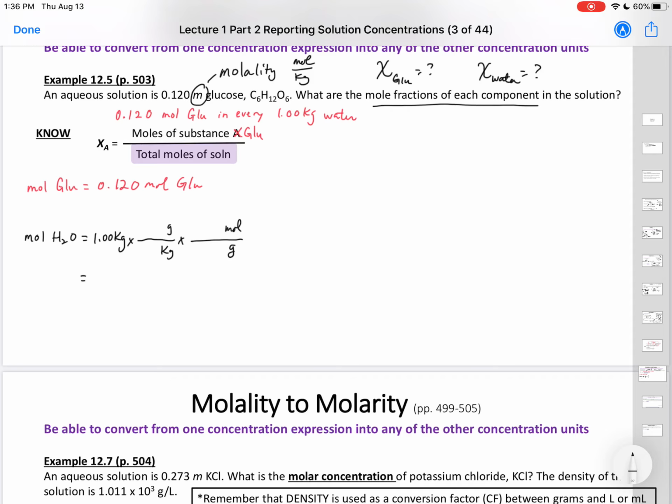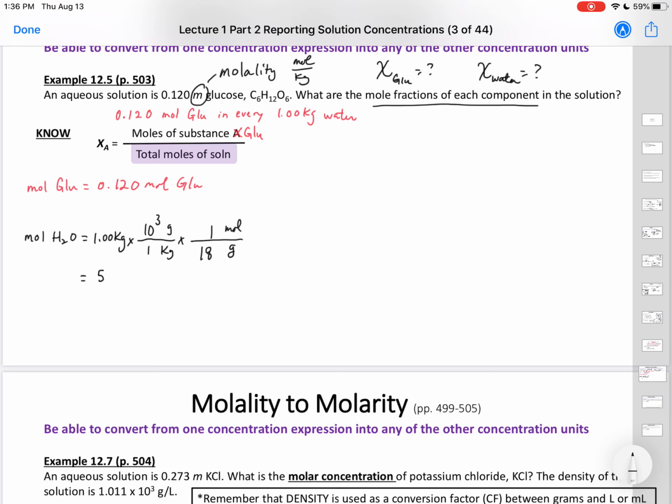Okay, so 1 kilogram is 10 to the third grams for the metric system, and the molar mass of water is going to be 18, okay, 16 for the oxygen and 2 for the hydrogen.